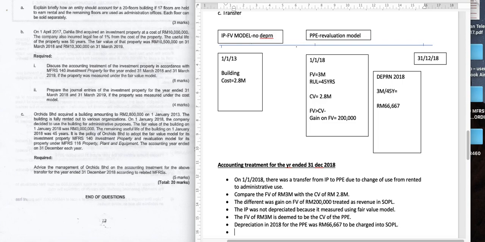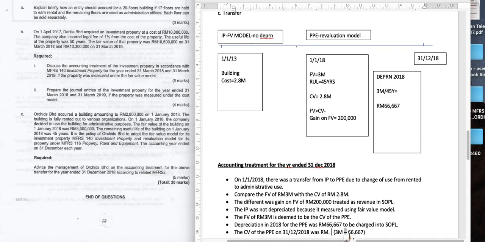So the carrying value of the PPE on 31st December 2018 was RM... How much here? That will be 3 million minus the depreciation 66,667.